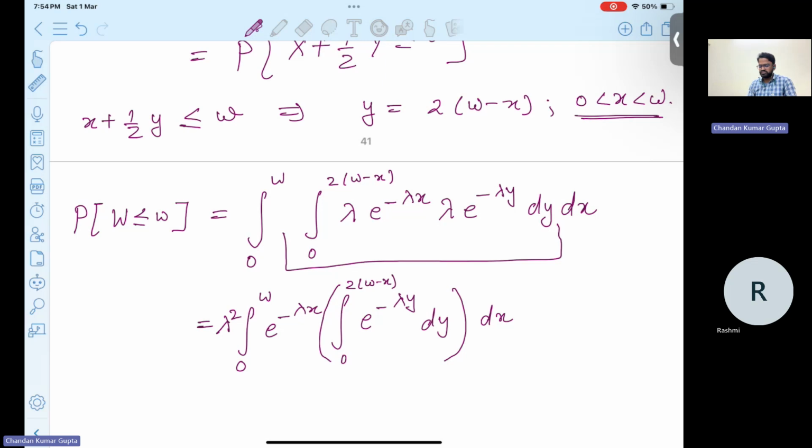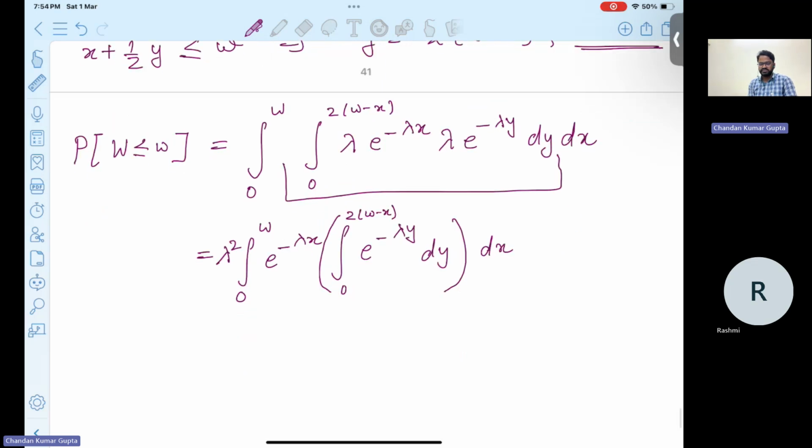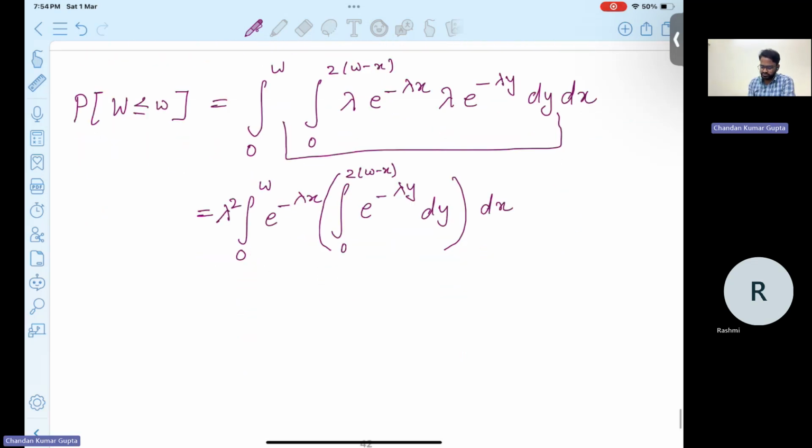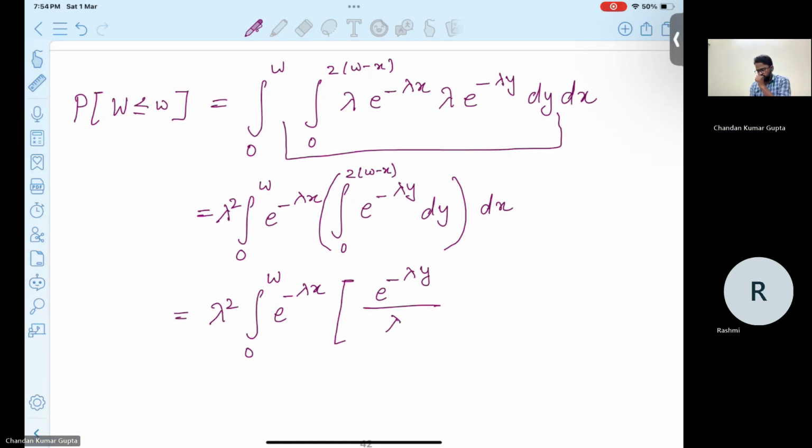Now just integrate the inner part first. The integration of e to the power minus lambda y is e to the power minus lambda y upon minus lambda, from 0 to twice of (w minus x), dx.